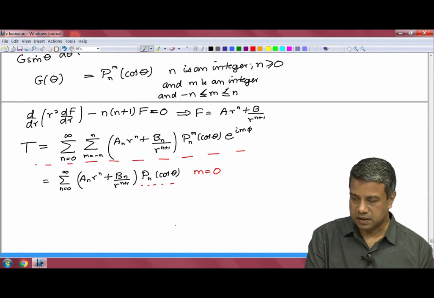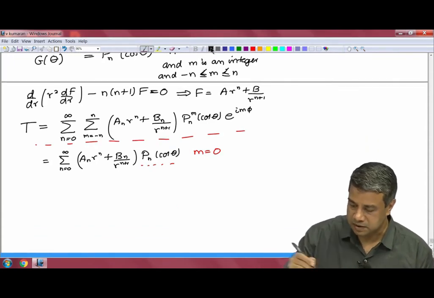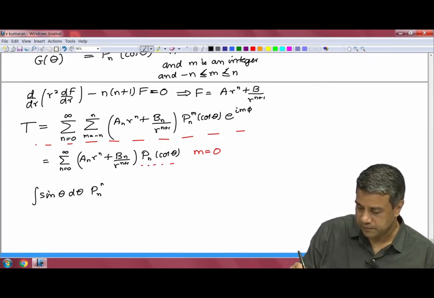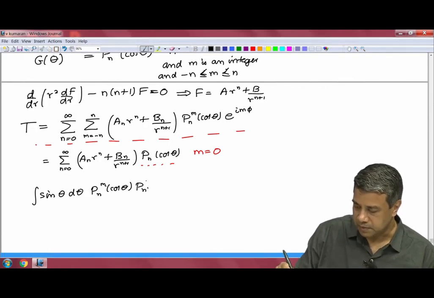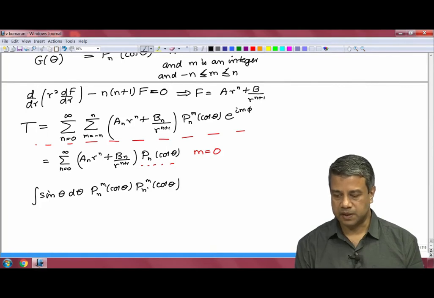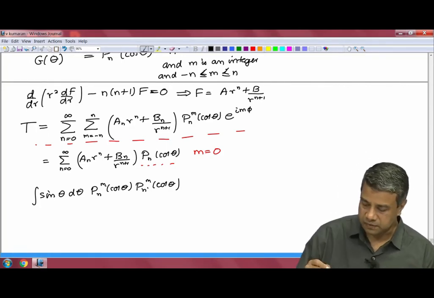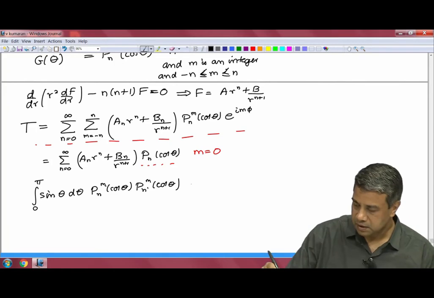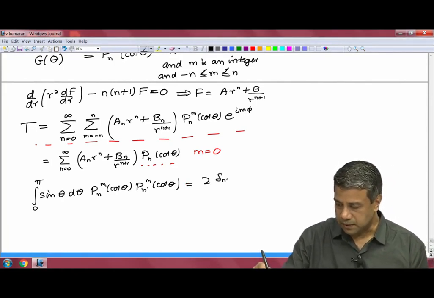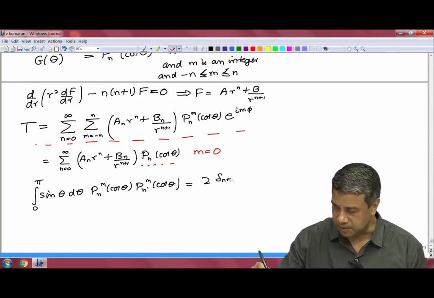And the orthogonality relation for P n m of cos theta is that integral sin theta P n m of cos theta P n prime m of cos theta. If you multiply P n m of cos theta and P n prime m of cos theta and integrate over theta from 0 to pi, you will get it non-zero only when n is equal to n prime, my apologies.